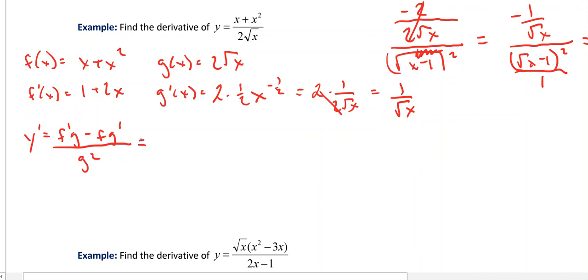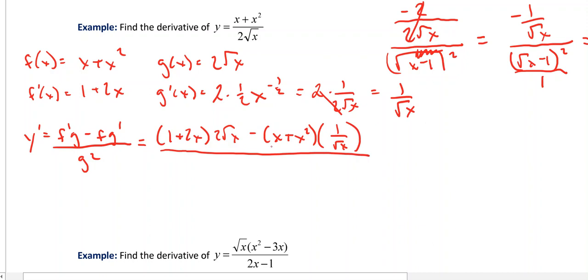So f prime is 1 plus 2x times g, which is 2 square root of x, minus f times g prime. And so f is x plus x squared times g prime, which was 1 over the square root of x, all over g squared, 2 square root of x, quantity squared.